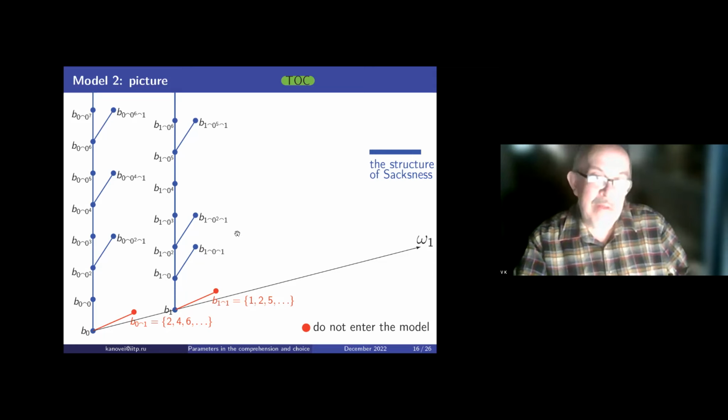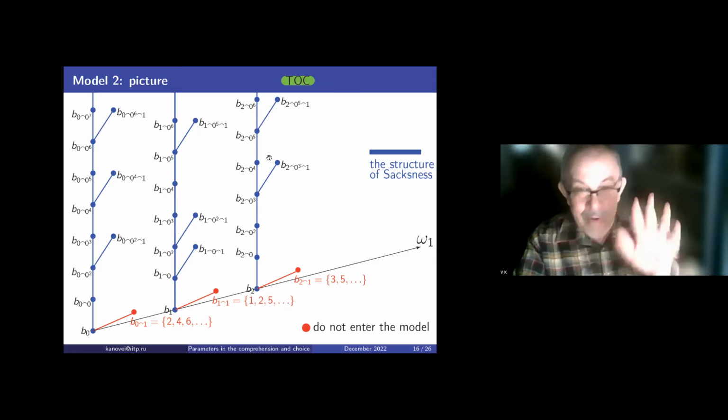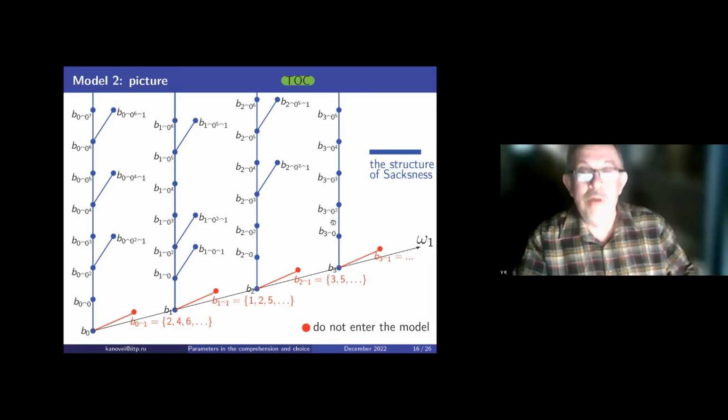And at some levels, it has also branching. At which levels? At those levels which are present in this red set, which we do not include. Then just take the next branch like this, and so on and so on. Just an omega 1 long, omega 1 wide construction of the sort.